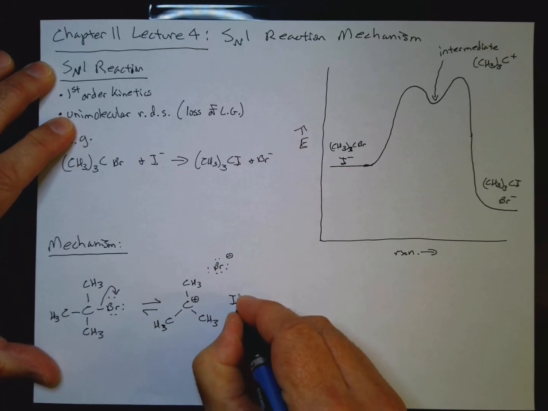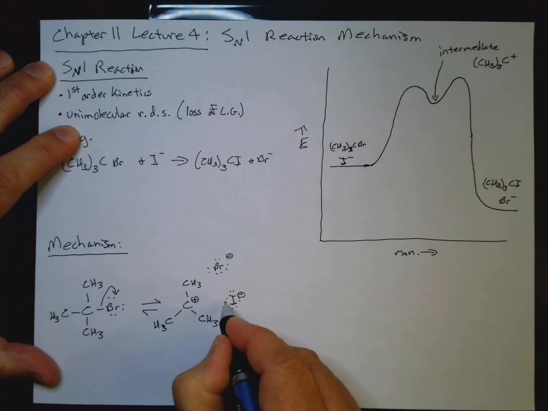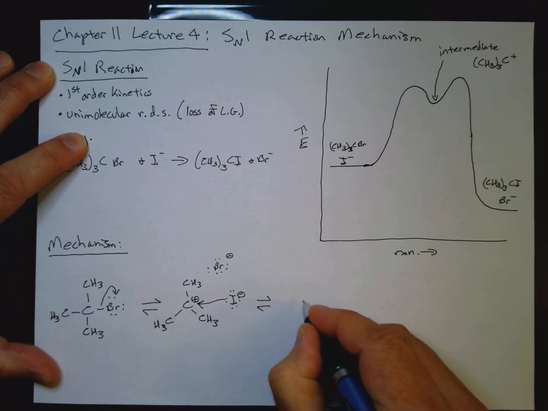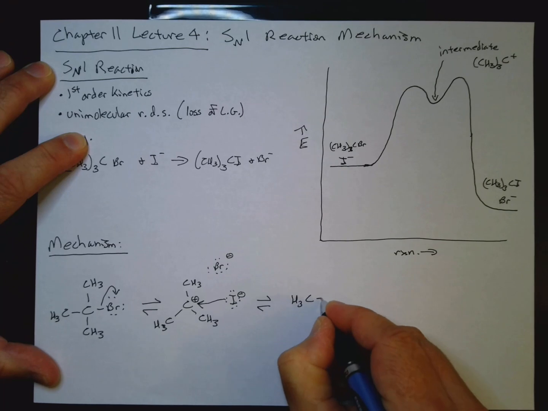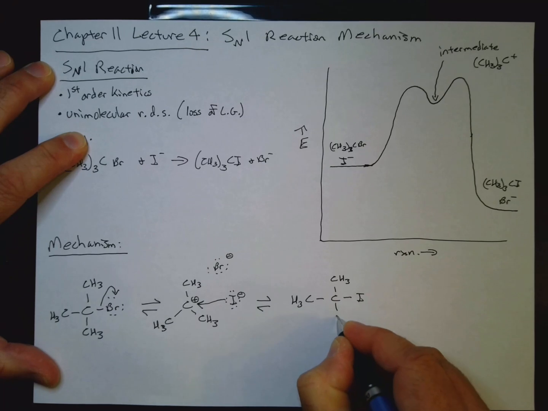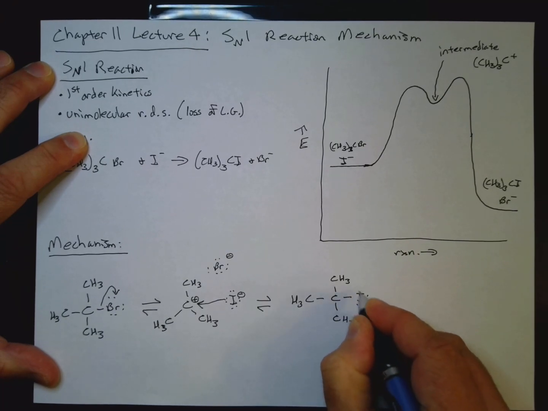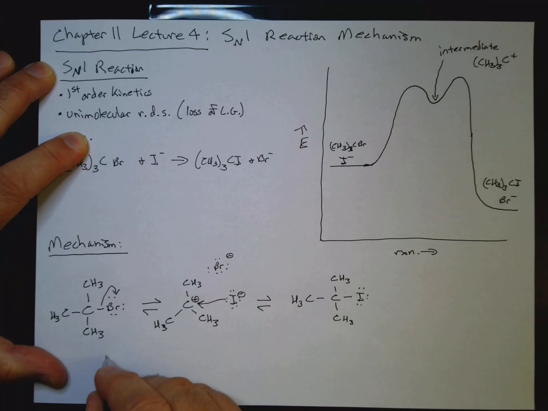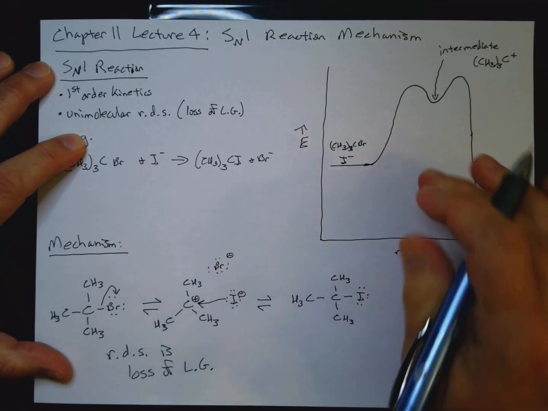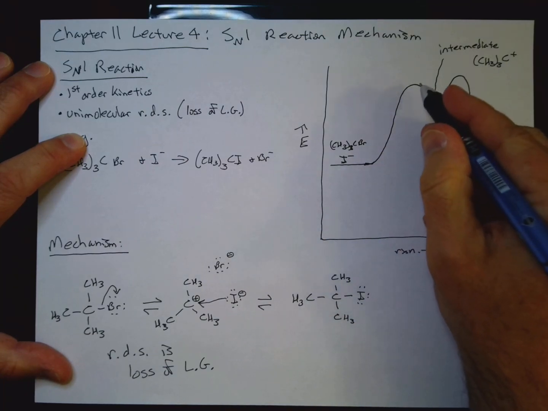Now we also have I minus present because we started with that, right? So that can then come in and attack, and we will get now our product, which is t-butyl iodide. And again, our rate determining step is loss of leaving group. Okay, that's this first step here of the largest activation energy.